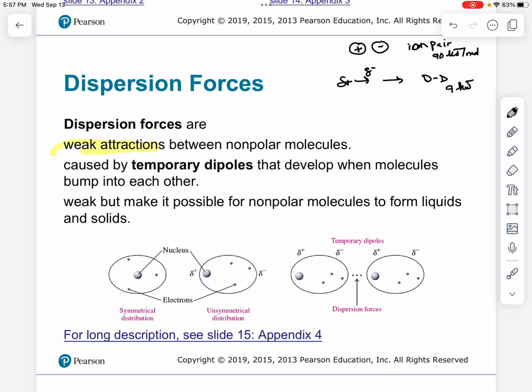The hydrogen bond is actually about 20 kilojoules per mole. These dispersion forces are about 0.2 to 0.9 kilojoules per mole. So they are far weaker than the ion pair and also weaker than the dipole-dipole interaction. There's like a factor of 10 in the strength.